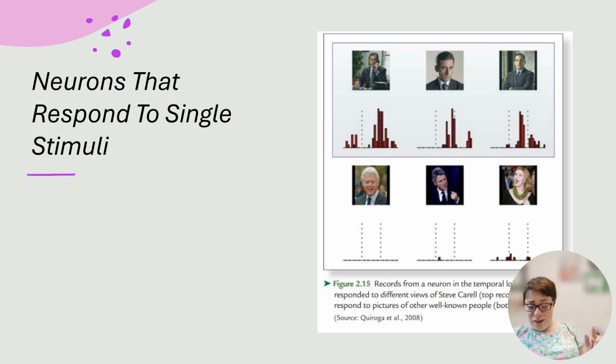Now, it's important to consider that there were constraints with this study. So one constraint was the sample of the study. The sample was comprised of individuals who were having surgery to treat epilepsy, right?